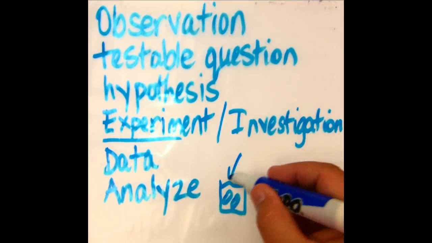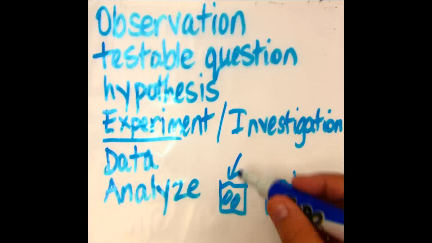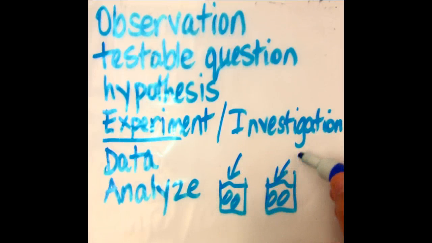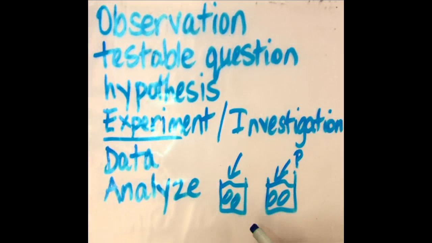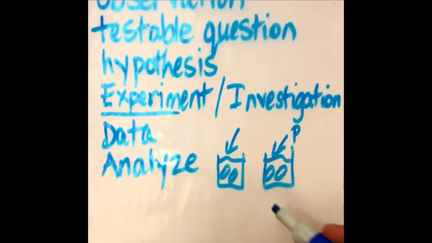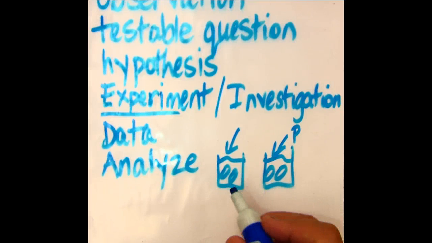Okay, so this one here was the control group with no phosphate, and this group was the test group with phosphate. And the data that we collected was the number of mussels that had died.